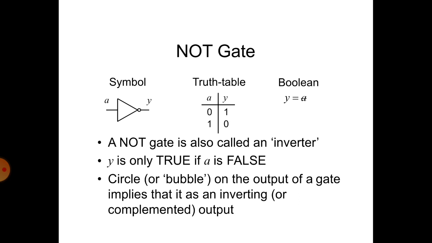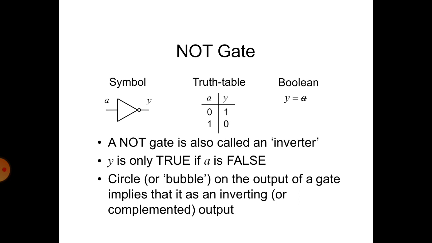The NOT gate is also called an inverter. Y is true if A is false. I once again repeat, a NOT gate is also called an inverter.